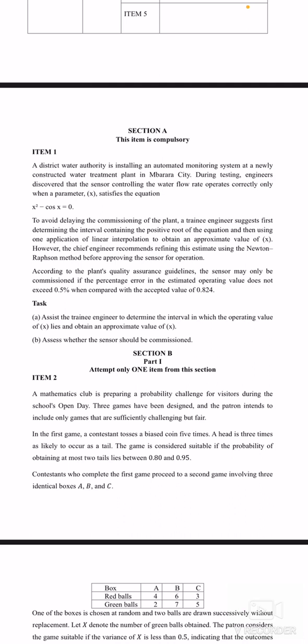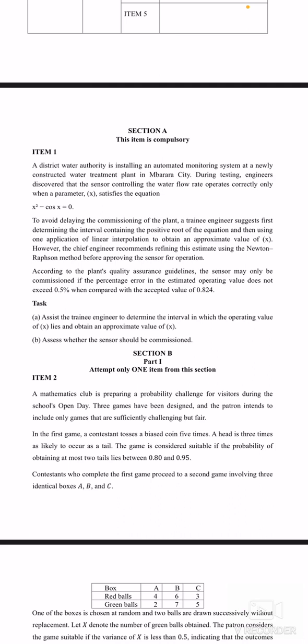According to the plant's quality assurance guidelines, the sensor may only be commissioned if the percentage error in the estimated operating value does not exceed 0.5% when compared with the accepted value of 0.824.